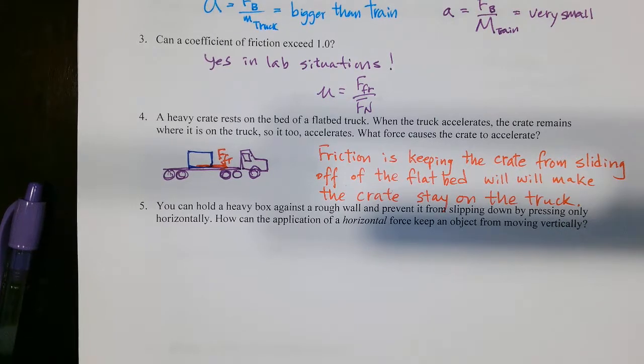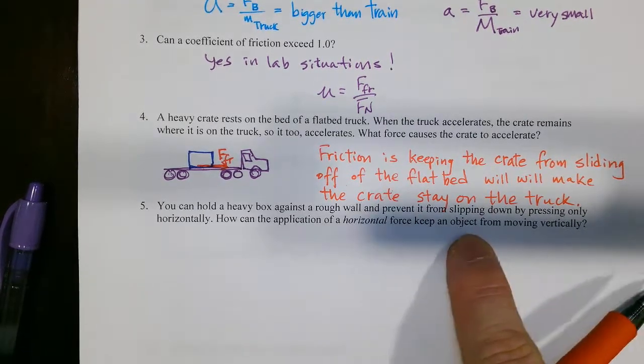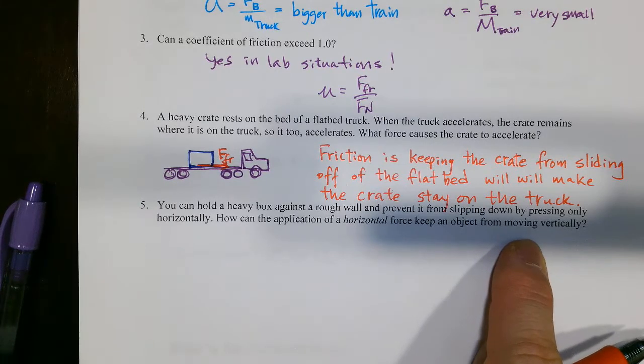And last question. Last question is, can you hold a heavy box against a rough wall to prevent it from slipping down by pressing only horizontally? Okay. How can application of horizontal force keep an object from moving vertically?